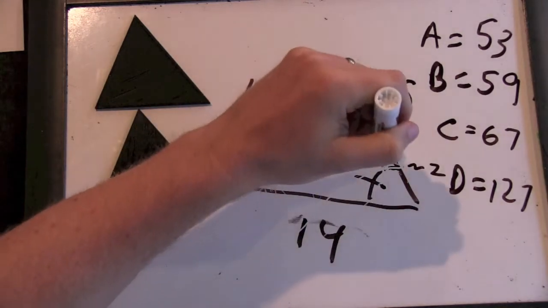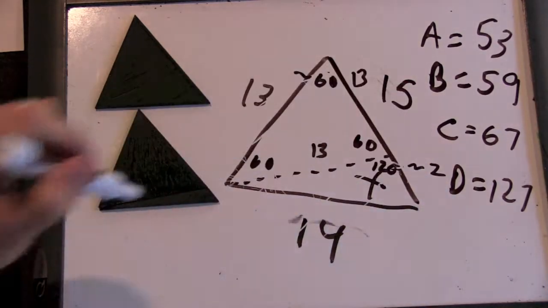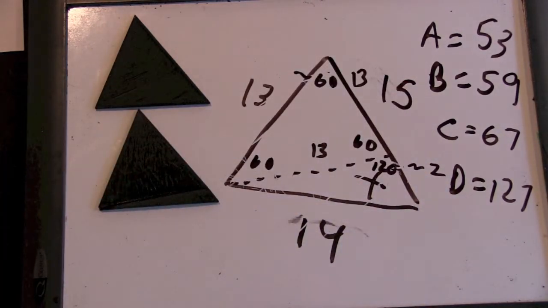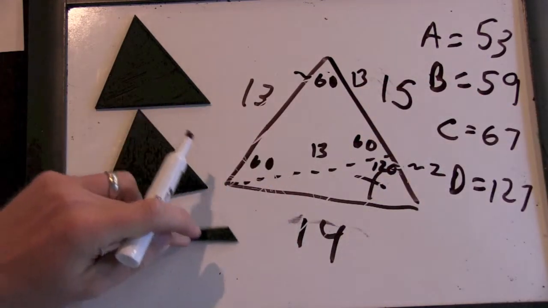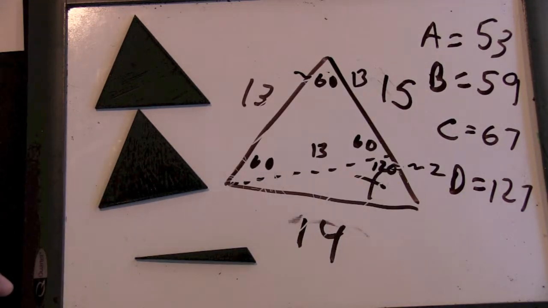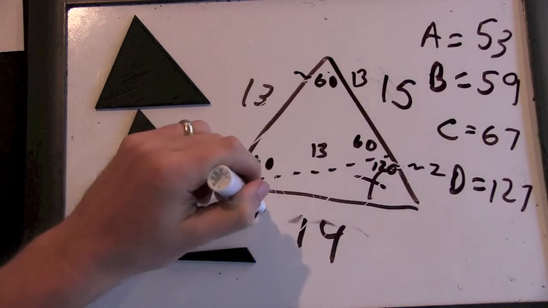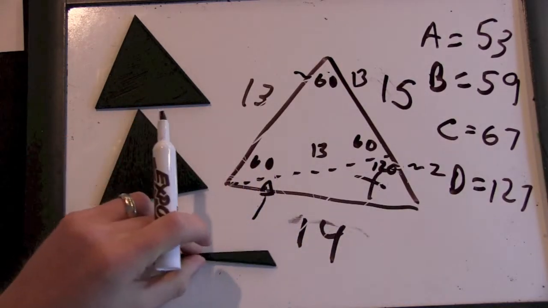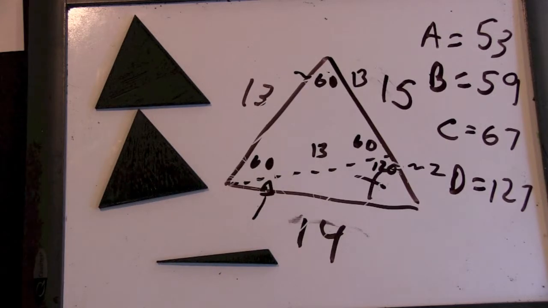So that means this angle must be 120, right? This angle facing it, this angle of this triangle, is some small number, really small. But let's say it was. What do you think this small angle would be? What would you guess? I would guess about 10 degrees, maybe.